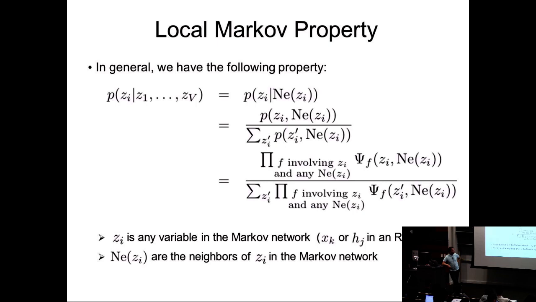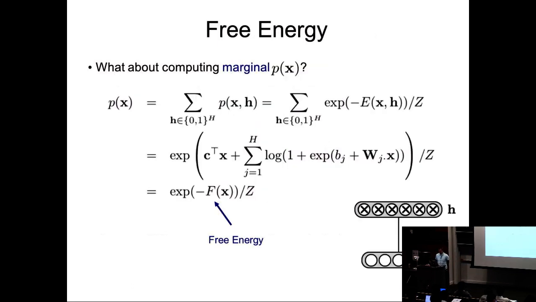And zi is any variable in the Markov network, so here it's hk or xk or hj in an RBM, and the neighbors are the neighbors of zi in the Markov network. So it's easy to derive these conditional probabilities, and that's how you would derive that they are given by the sigmoid.